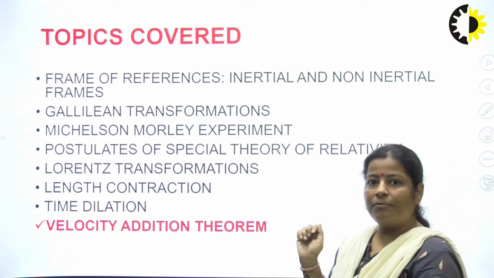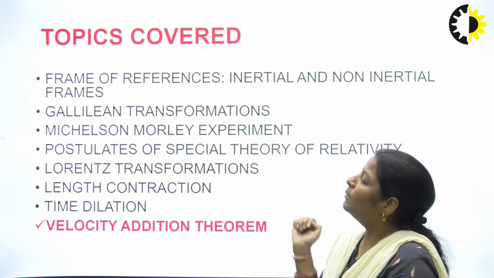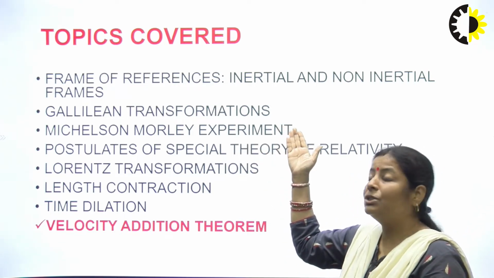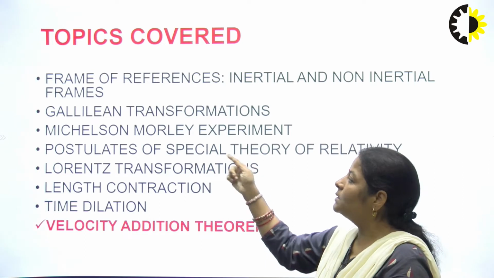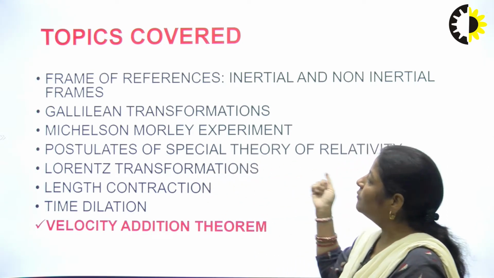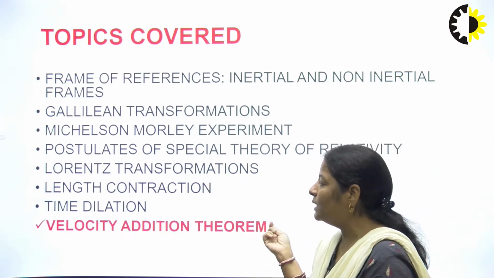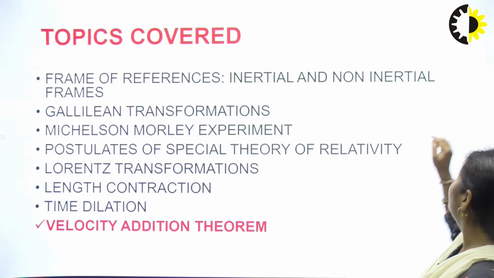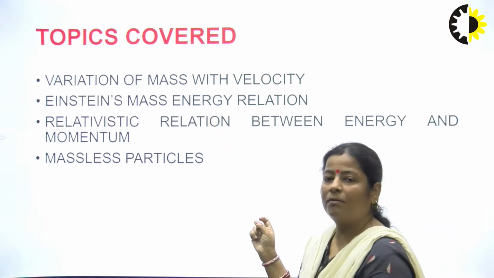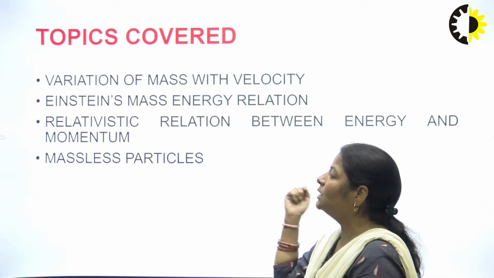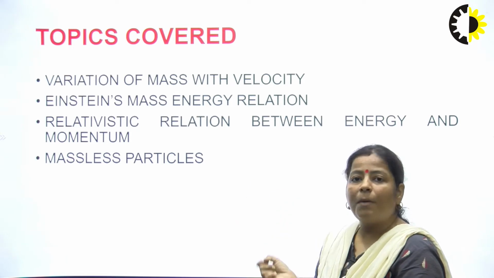These are the topics. First, I will give a brief introduction about the topics. Firstly, we have frames of references, in which we have inertial and non-inertial frames. Then we have the Galilean transformation, Michelson-Morley experiment, postulates of special theory of relativity, Lorentz transformations, length contraction, time dilation, velocity addition theorem, and some other topics: variation of mass with velocity, Einstein's mass energy relation, relativistic relation between energy and momentum, and massless particles.